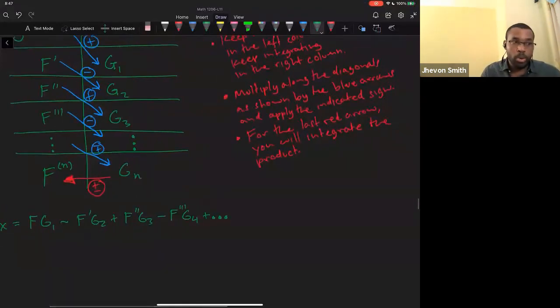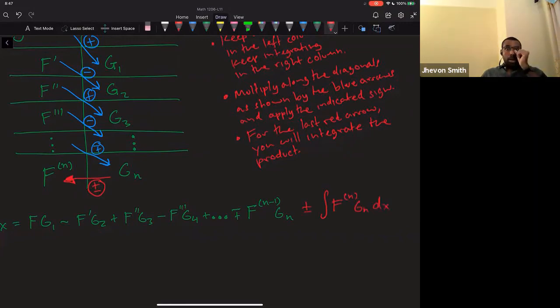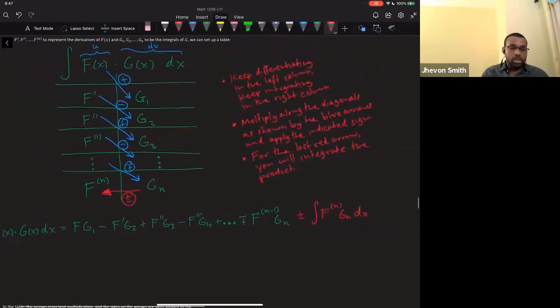Now, there's going to come a point just before the last row where it's minus, plus F to the n minus first derivative times G to the nth derivative. And then finally, you're going to end with this red arrow where it's plus or minus the integral of F to the n times G sub n, right? And this is ultimately the formula.